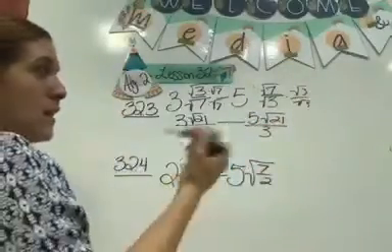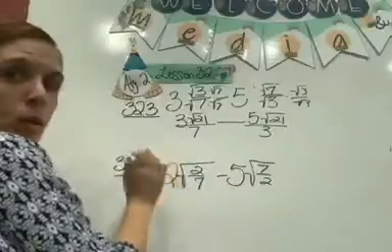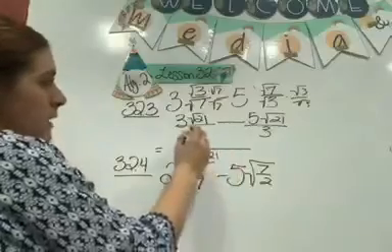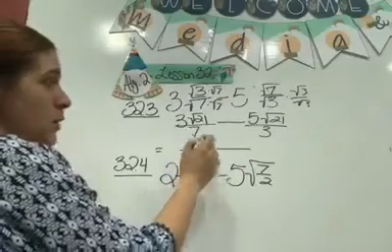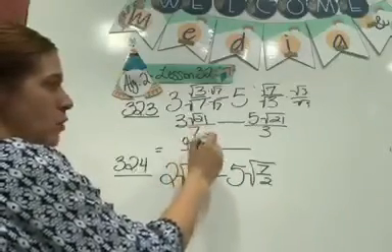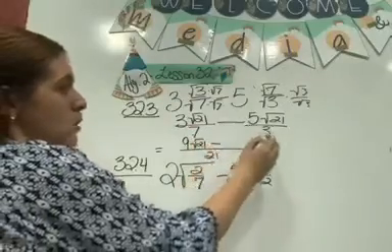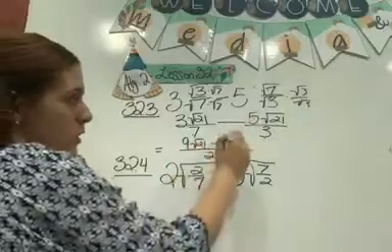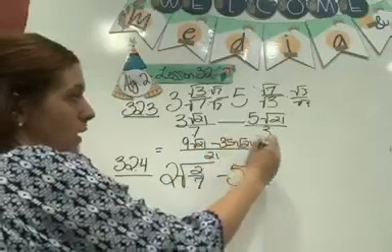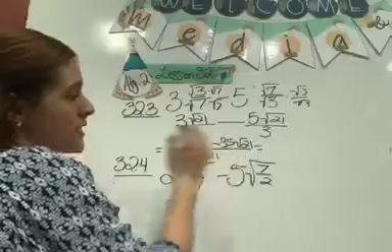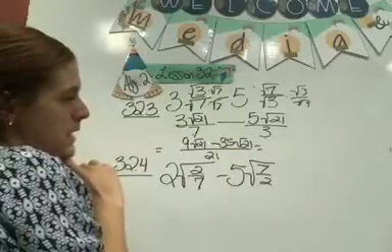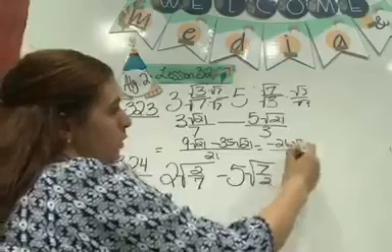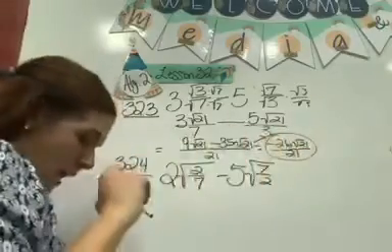Then we can do our common denominator, which is going to be 21. 7 into 21 is 3, so 3 times 3 is 9 square root 21, minus 3 into 21, 21 divided by 3 is 7, so 7 times 5 is 35 square root 21. 9 minus 35 is going to be negative 26 square root 21 over 21. And that should be your answer.